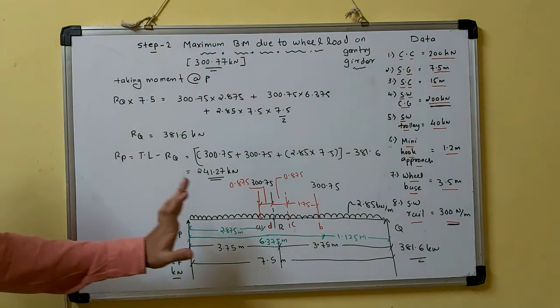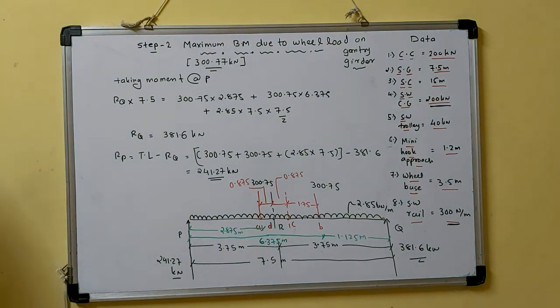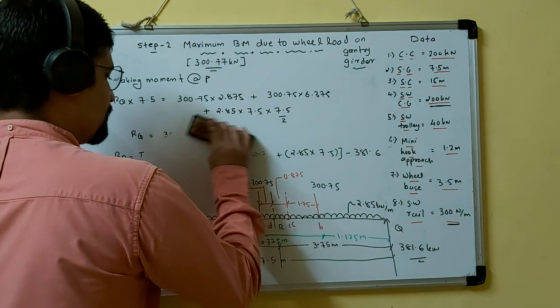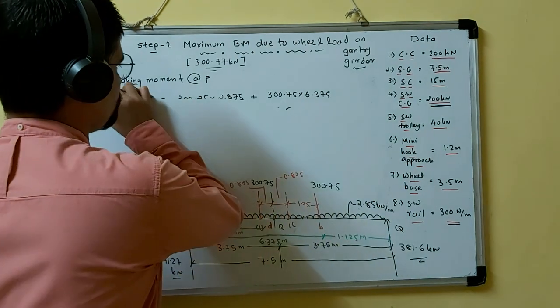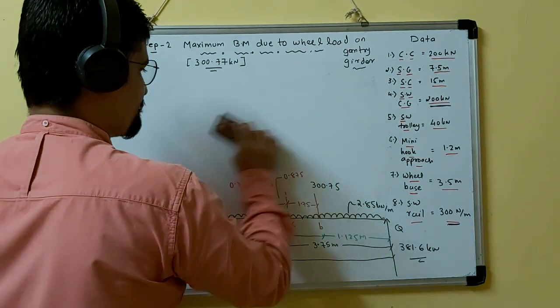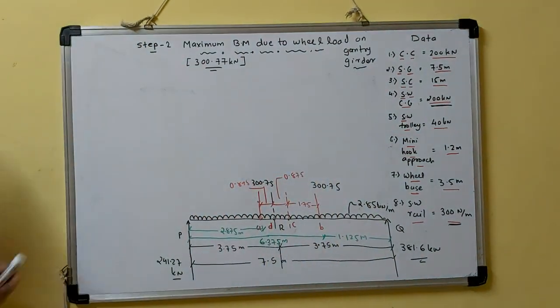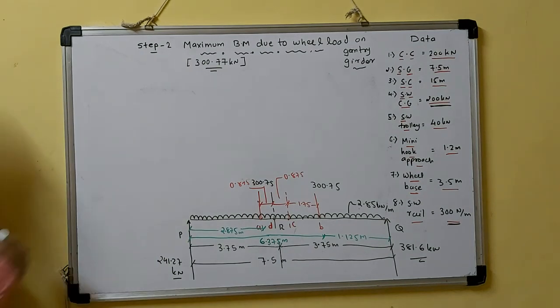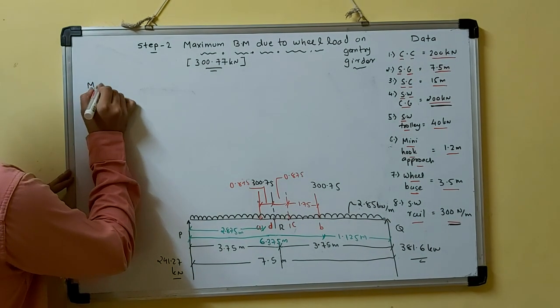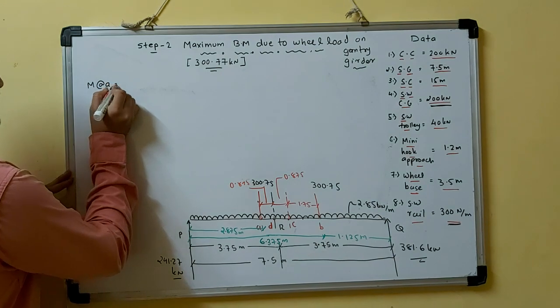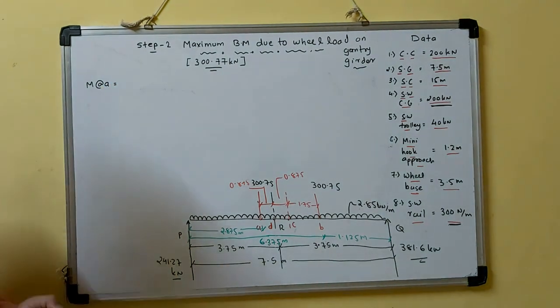Let's confirm that it is as per theory or not. So for calculating moment due to A, the moment at A, the general definition of moment is force into distance.